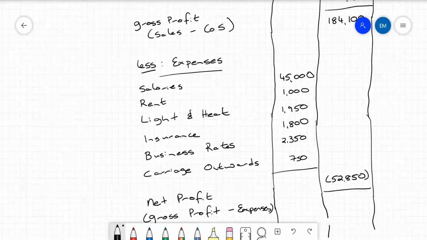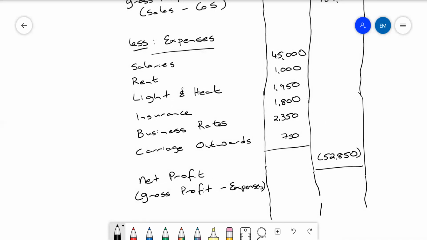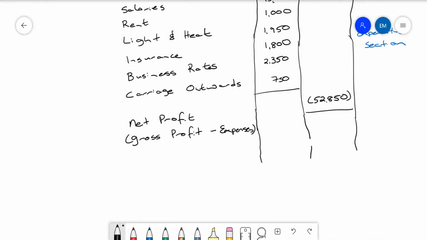So our gross profit is 184,100, and our total expenses in our expenditure section is 52,850, therefore giving us a net profit of €131,250. And that is the income statement done, or the statement of income done for Fred Black.